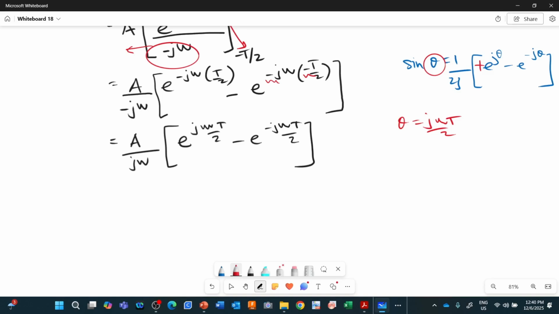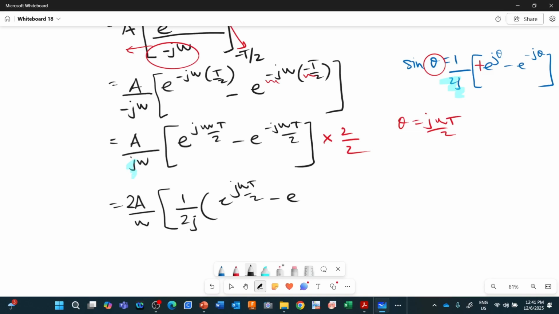Do you have 2j here? You have j, but do you have 2? No. So what do you need to do? Multiply by 2 over 2. You get A over omega; take it out so that you have 1 over 2j, and this becomes 2A. Then e to the j omega tau over 2 minus e to the minus j omega tau over 2.